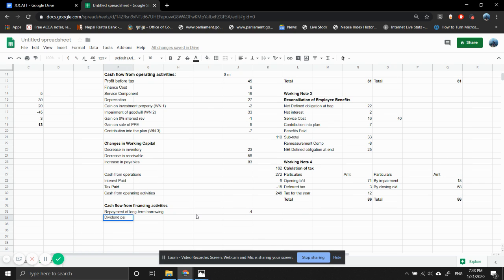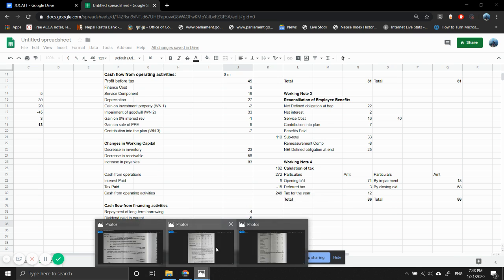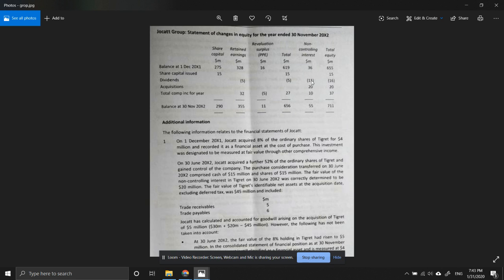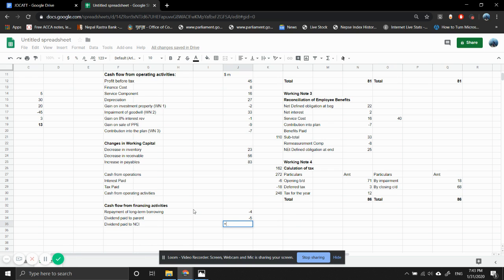Dividend paid to parent is minus 5, that's a cash outflow, and then dividend paid to NCI, right? How much dividend did we pay them? 11, minus 11. So this should give us our cash flow from financing activities.